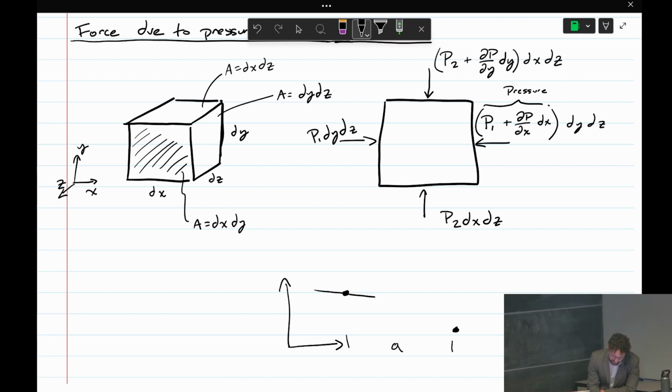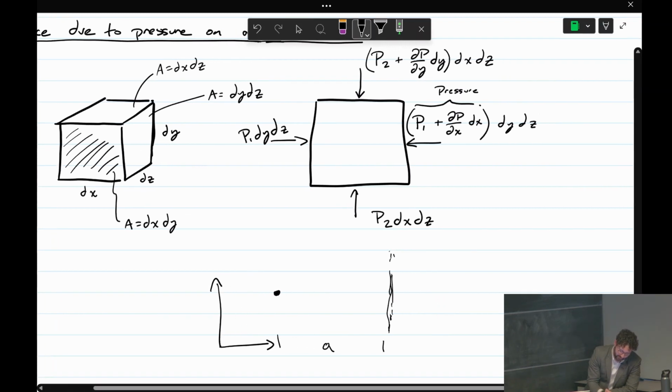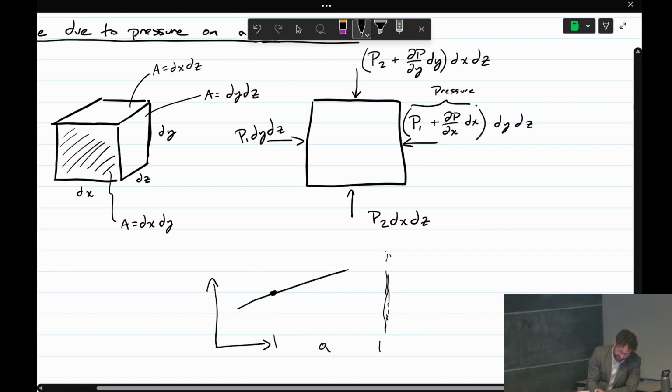We don't actually know the value of the variable we're trying to find on the right, but if you know the slope and you know the distance, you can compute that value.